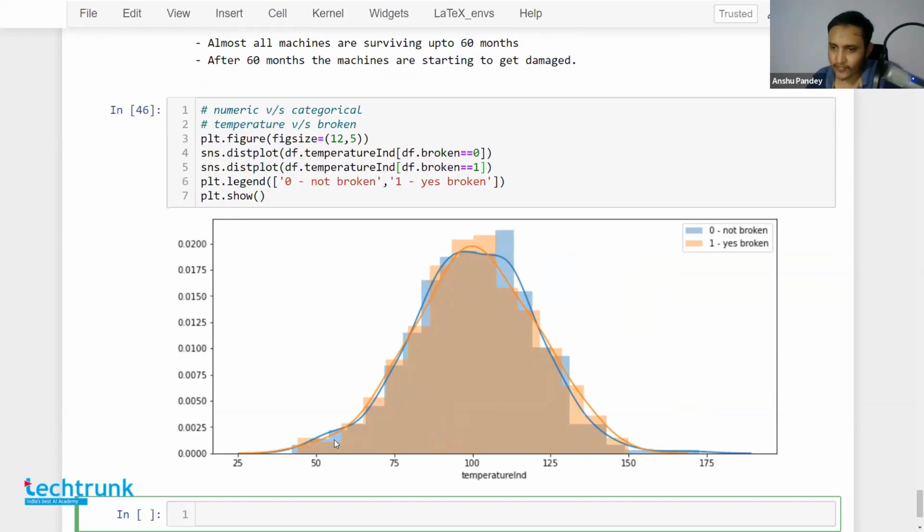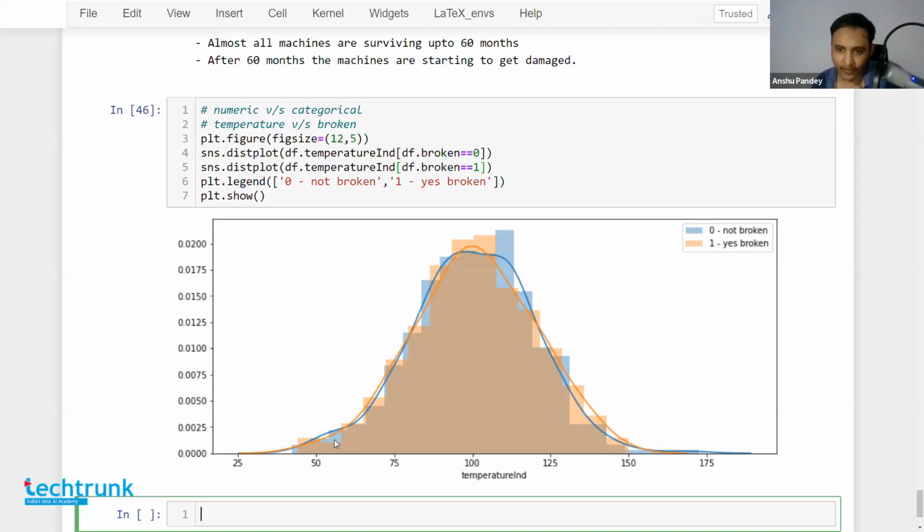The blue distribution is for the machines which are not damaged. The red distribution is for machines which are damaged. This is the distribution of the temperature attribute, right? The x-axis represents temperature, and the y-axis simply represents the probability of machines damaged or not damaged at that value of temperature. Can we say that in this graph the blue distribution and the red distribution are almost overlapping each other?